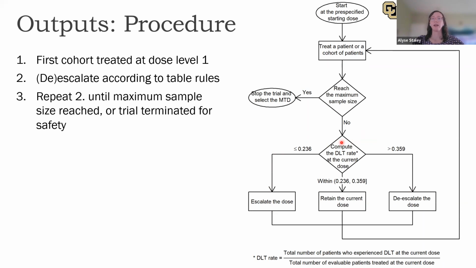And finally, if our DLT rate is between these boundaries, we will enroll the next cohort of patients at the current dose, and we will go through this flow diagram over and over until either the maximum sample size is reached or the trial is terminated due to excess safety concerns.